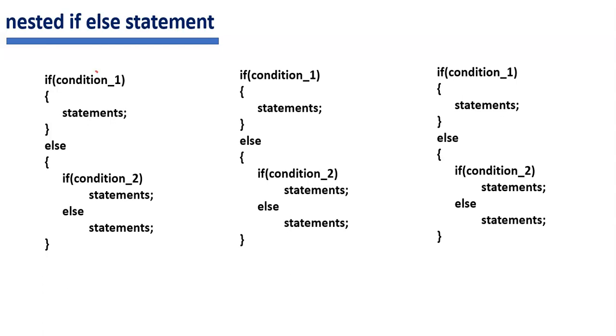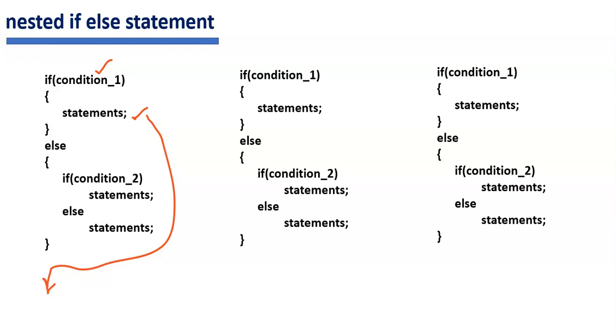Here also, if the condition is true, then control enters into the if block. All the statements in the if block are executed, and then control comes to execute the remaining statements after the if else statement. That means in the outer if else, if the if block is satisfied, then no else block is executed.